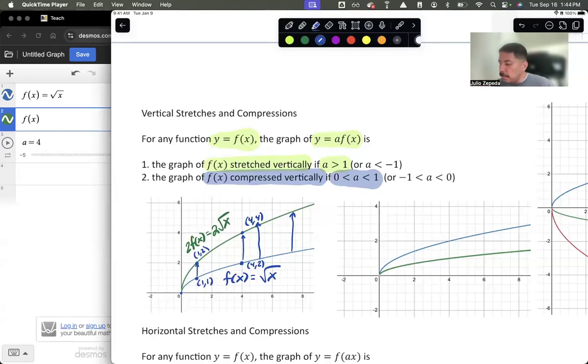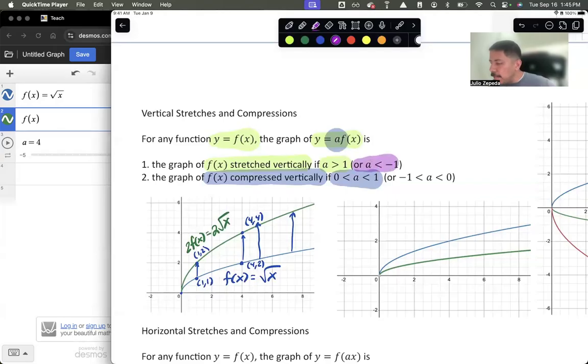So we're still going to multiply the function by some number. That number, though, is just going to be a small number. So it'll be close to 0, less than 1, but greater than 0. Now, I need to correct here just for the negative numbers' sake.